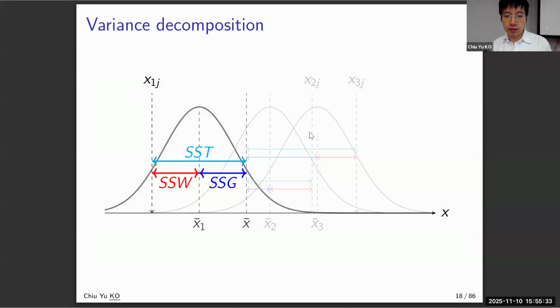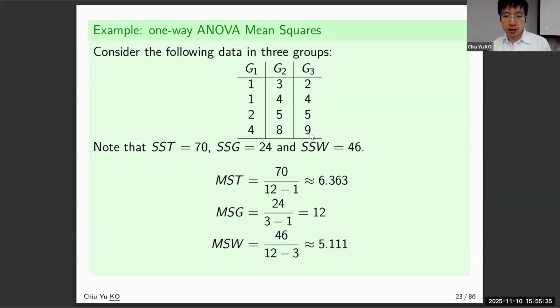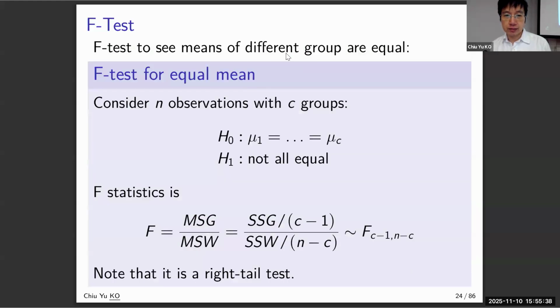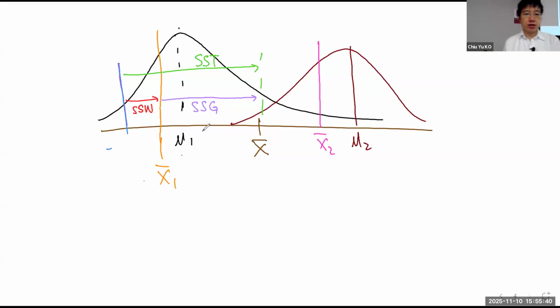And remember the formula we have is G over W. So the question would be: if we calculate the variance, and mu1 is actually the same as mu2, or the other mu as well, then the null hypothesis is mu1 equal to mu2 equal to and so on, right?